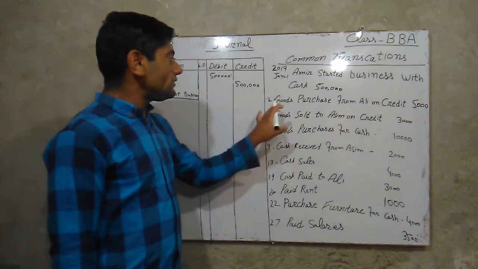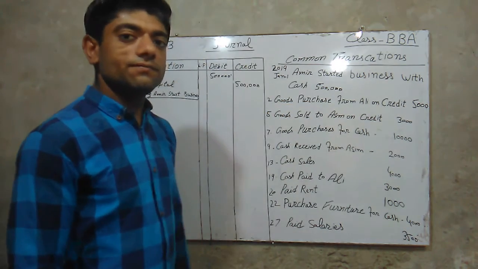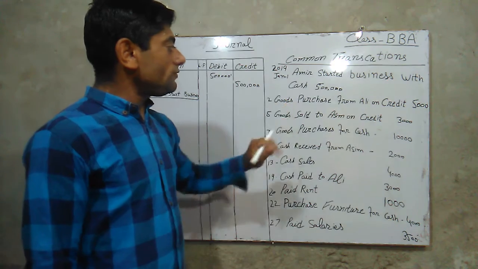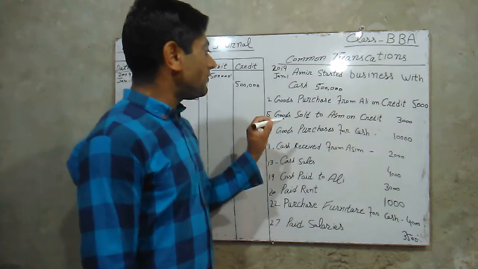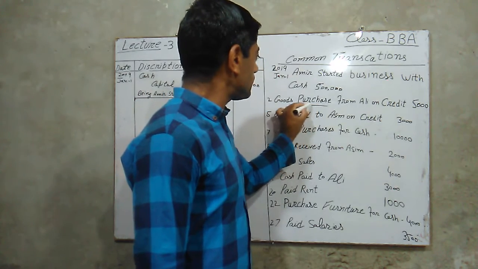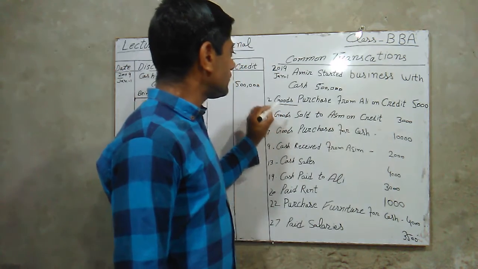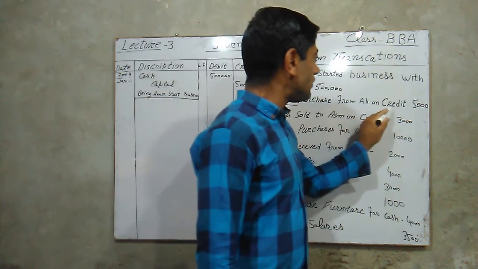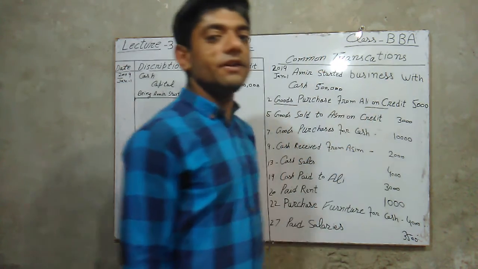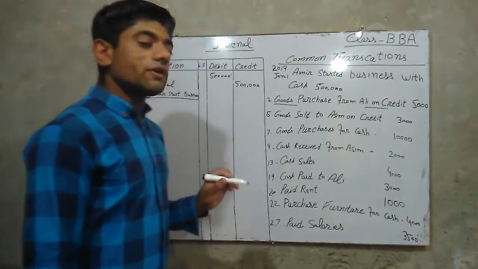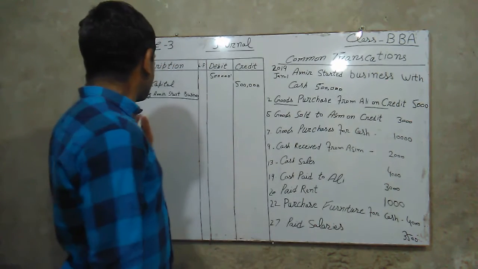So next transaction, goods purchased from Ali on credit. First you identify which accounts are involved in this transaction. First one is purchases, goods. Second one, on credit from Ali, means a liability is created here, Ali's account. When goods increase, it's a debit.